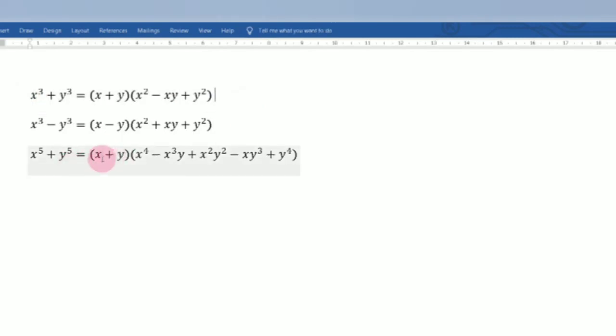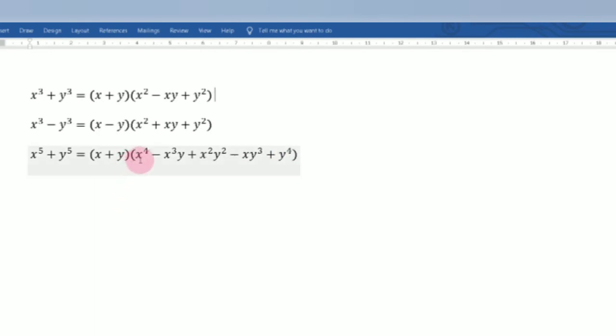Okay, x plus y begins with x plus y because we have addition, but the rest begins with x to the fourth power. This one begins with x squared. See, because the sum is x cubed plus y cubed, it begins with x squared, which is 3 minus 1. So because this is x to the fifth power plus y to the fifth power, it begins from x to the fourth power. And then the pattern will be subtraction, addition, subtraction, addition.